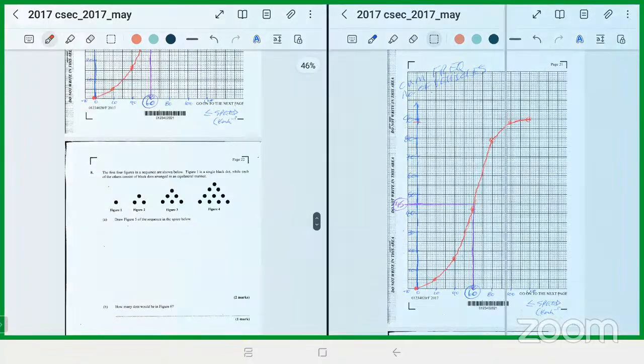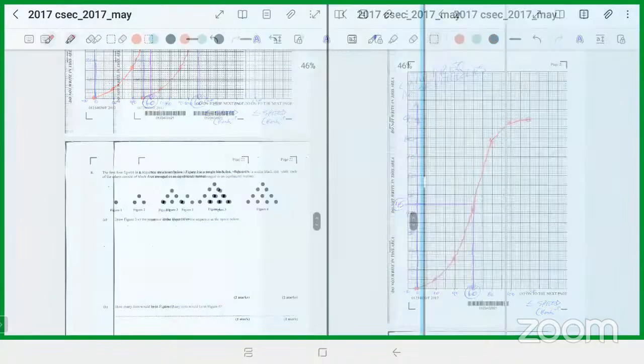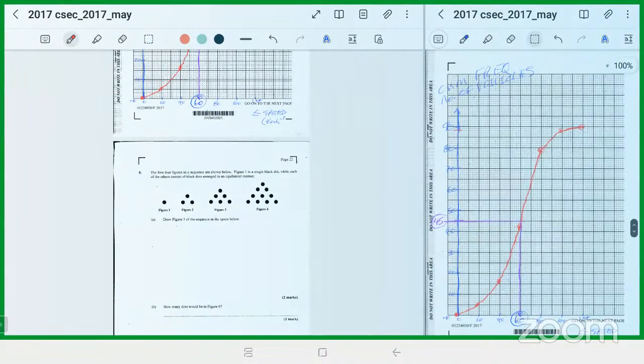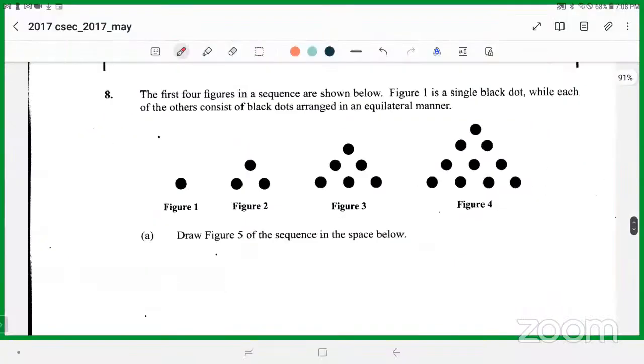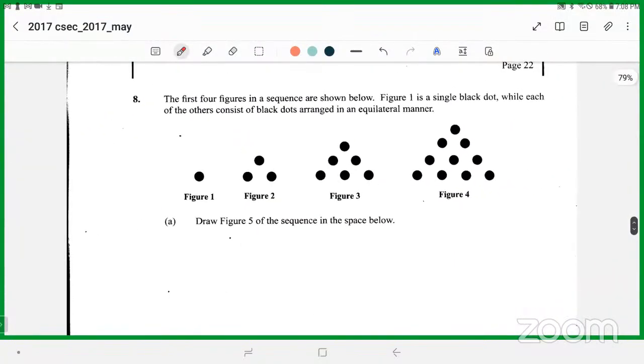Next question. Pattern question. They give us that pattern. It says the first 4 figures in a sequence are shown below. Figure 1 is a single dot, while each of the other figures consists of black dots arranged in an equilateral manner.